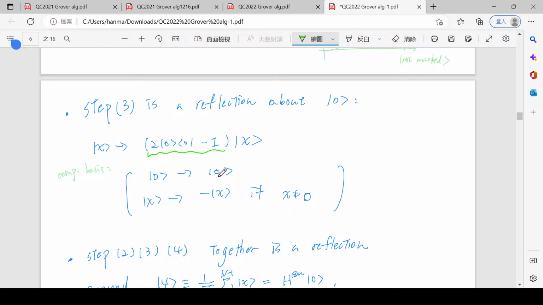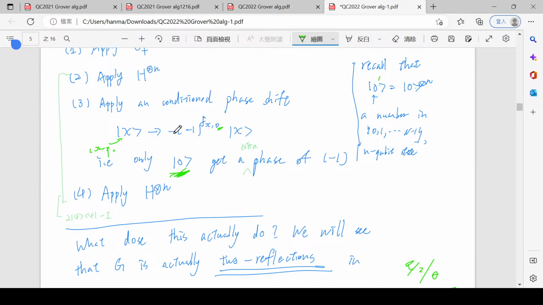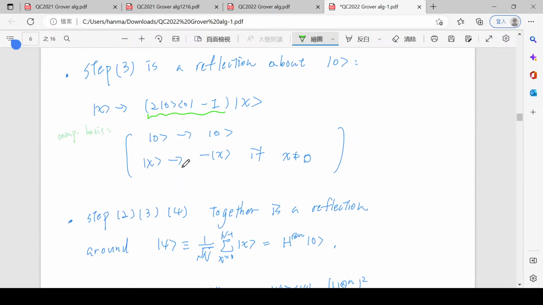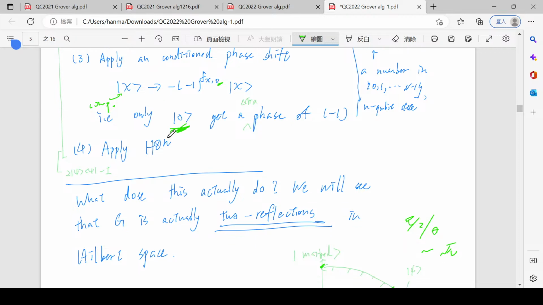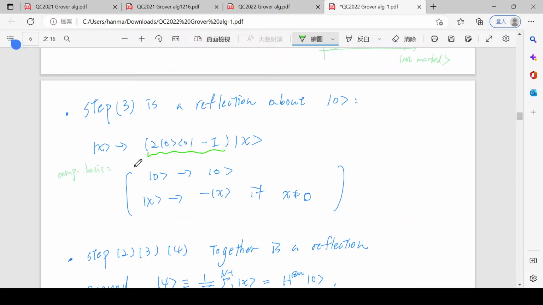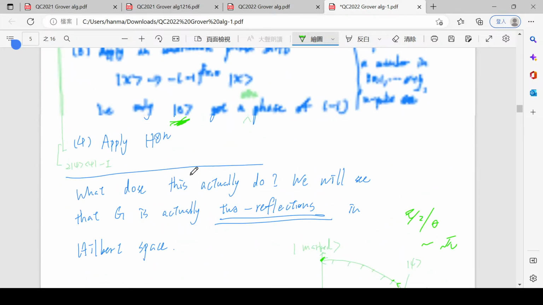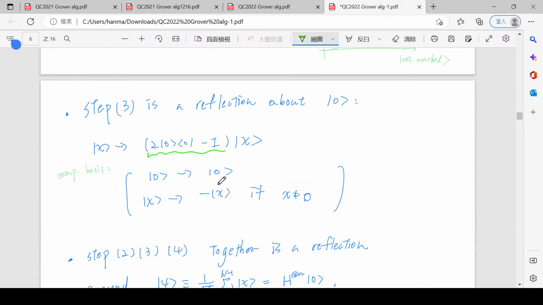If you are anything other than 0, then you get a -1 phase. You can check that this is exactly the same as this.